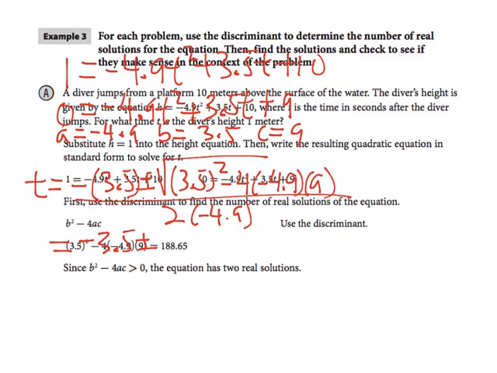Okay, so that just gives us 13.745 over 2 times 4.9, which is negative 9.8.